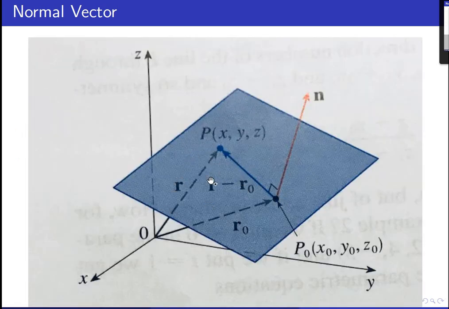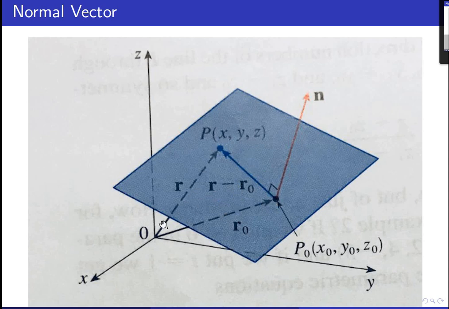This line here is perpendicular to r as well, the norm. If we were to take the line that's parallel to the norm, is this line here. It is perpendicular to r. Remember, all the lines that are parallel to the norm will also be perpendicular to the plane.